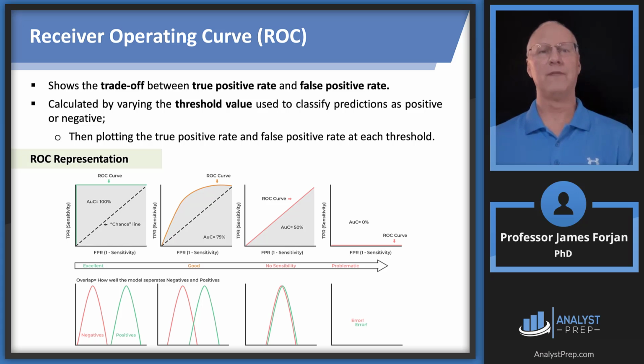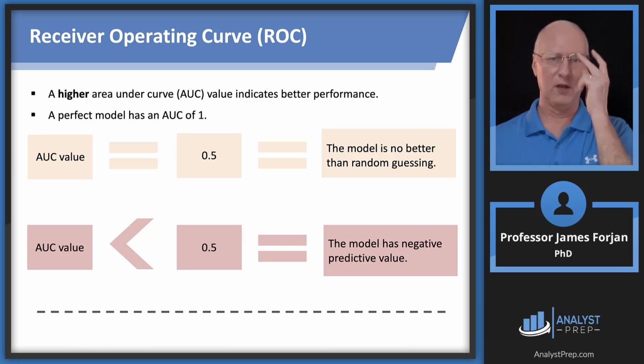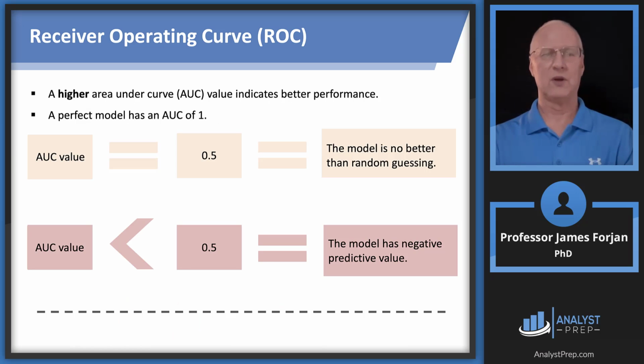And this concept of the area under the curve, that's 100%, so that's perfect there on the left. And over on the right, that's just totally imperfect. And so you can kind of get a sense of what is going on based on the second and the third one there. We've got different levels of area under the curve. So let's go ahead and just summarize this.